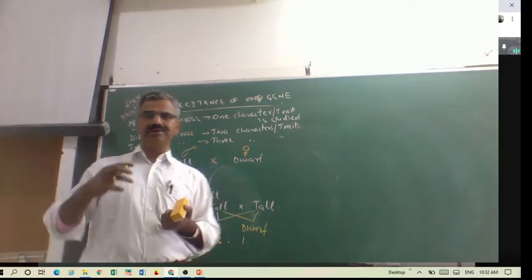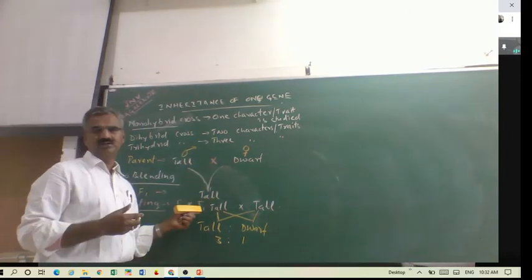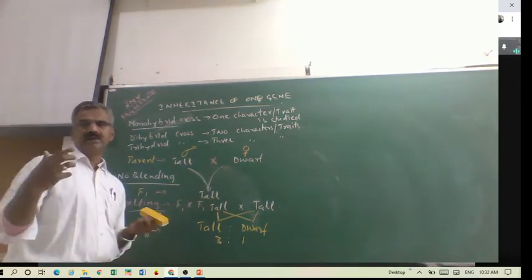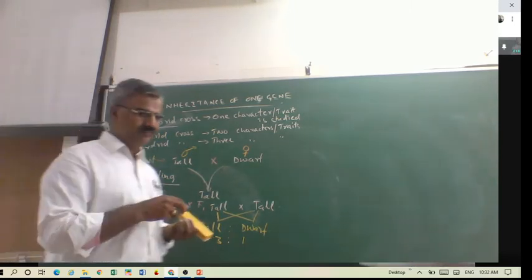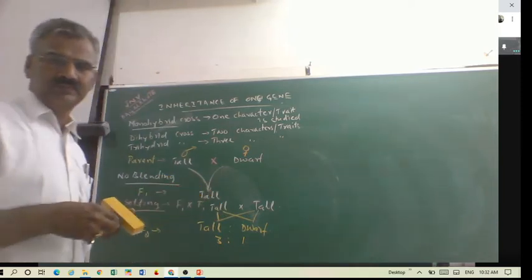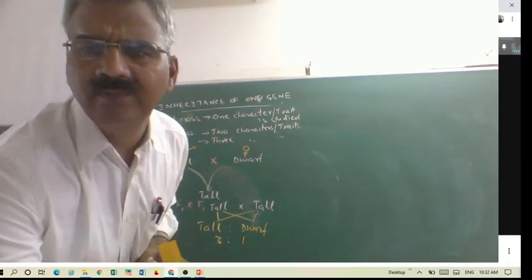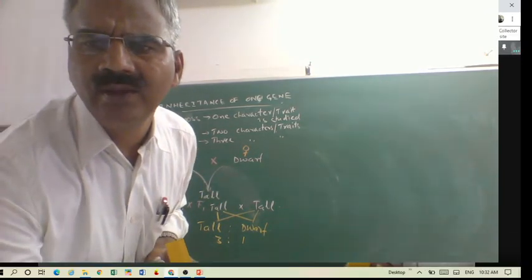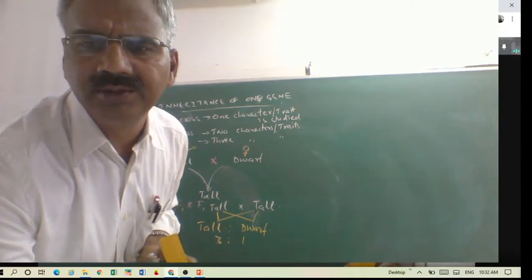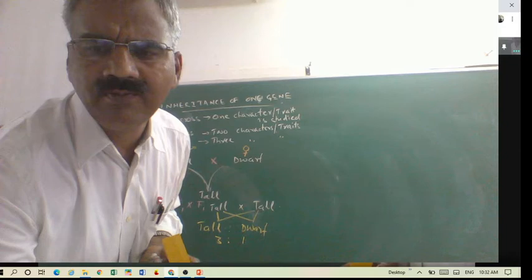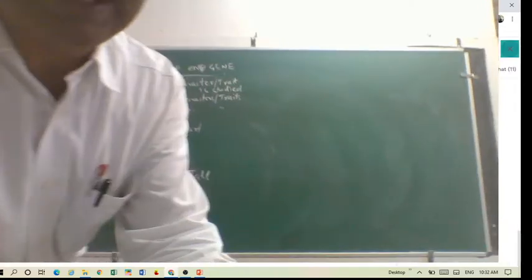He tried to explain this cross with the help of genes. You know, in a gene, yes? Anybody? Due to dominance. Yeah, that's what. He tried to explain that one.